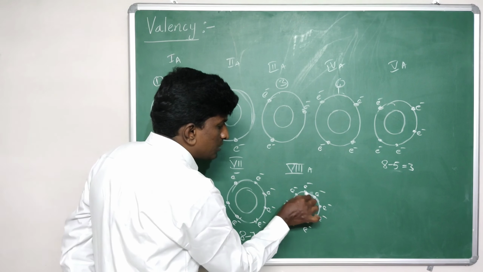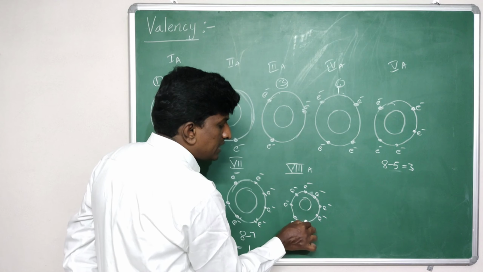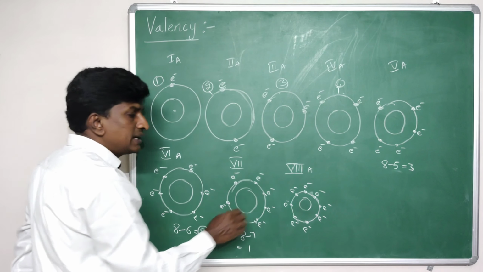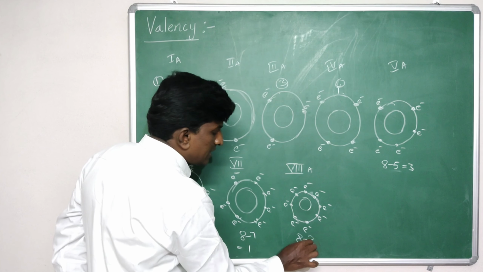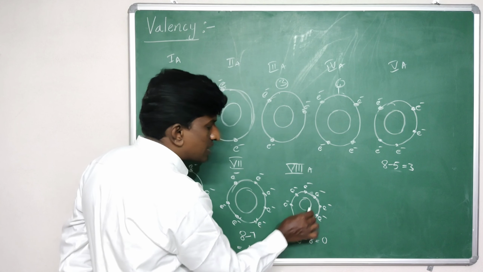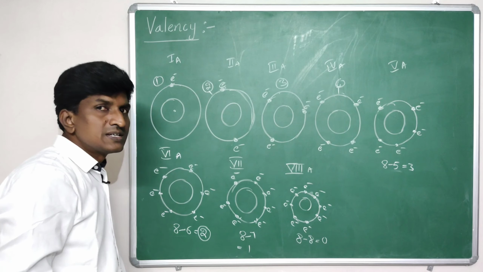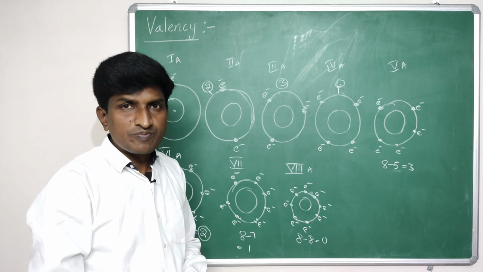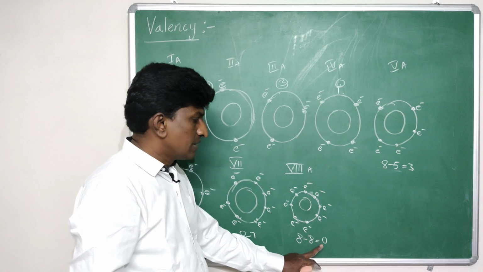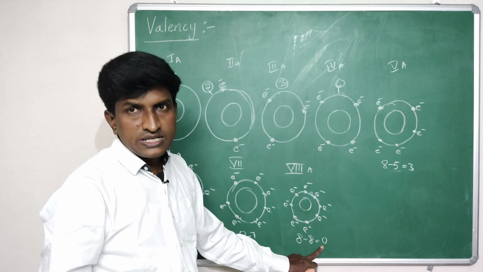Then come to the 8th group elements. Already they have 8 electrons in their outermost orbit. So they don't participate in any chemical reaction because they already have octet configuration. They are stable. So the valency of the 8th group elements is 0.